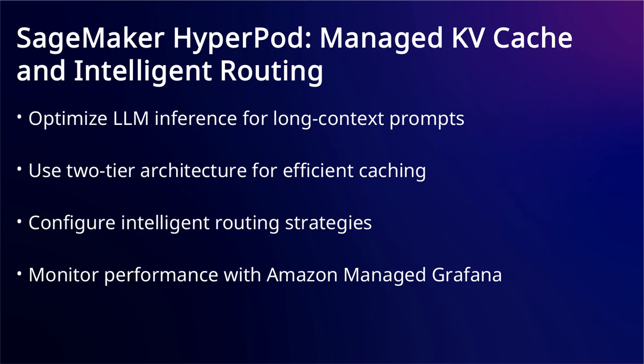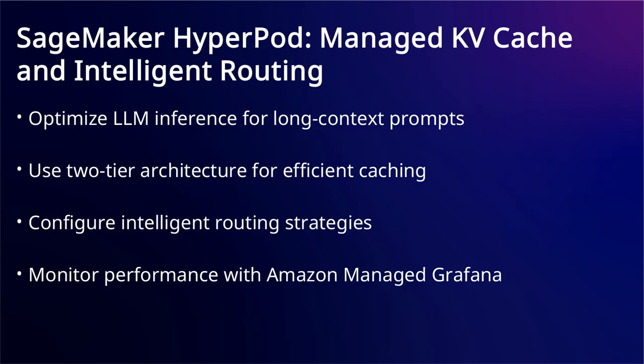You can use intelligent routing to direct requests to optimal instances, maximizing cache utilization. These features are configurable through Inference Endpoint Config or SageMaker Jumpstart. You can monitor performance metrics using the integrated Amazon-managed Grafana. These enhancements aim to reduce latency, improve throughput, and lower costs for LLM inference workloads.